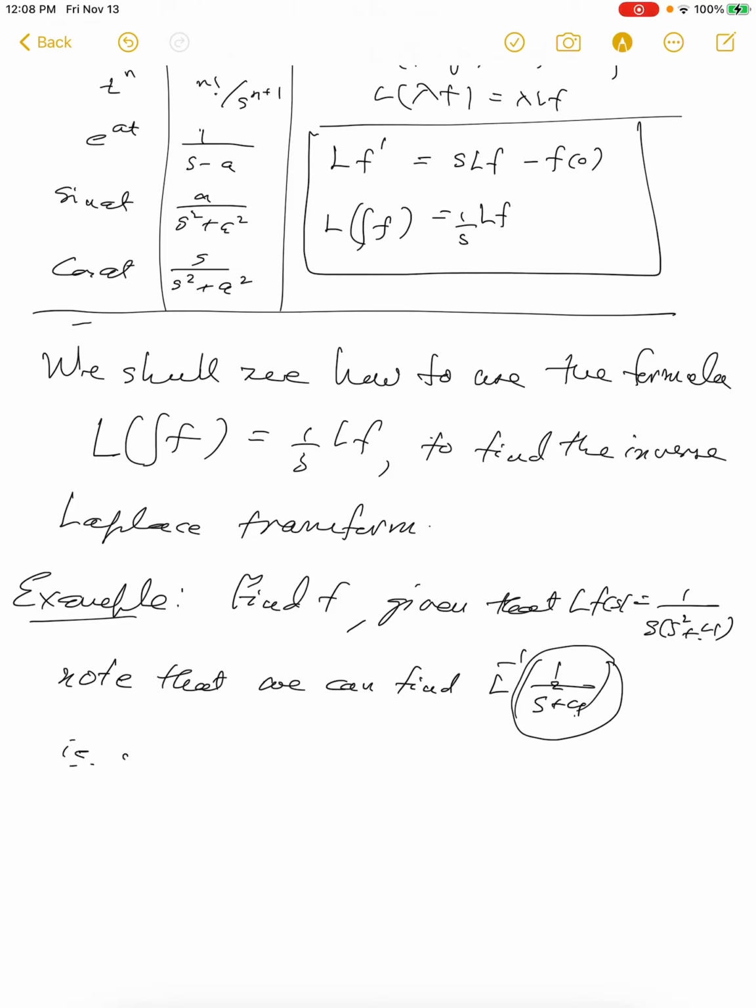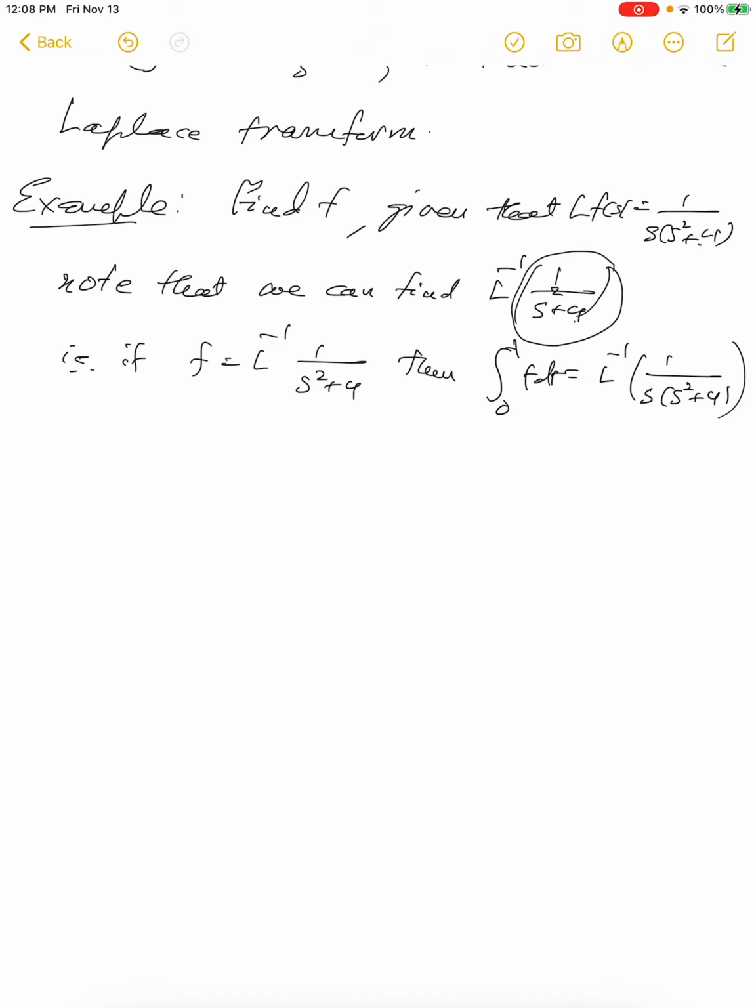So that is, if f is L inverse of 1 over s square plus 4, then the integral from 0 to t of f is L inverse of 1 over s times s square plus 4. So this is how you will use this formula.